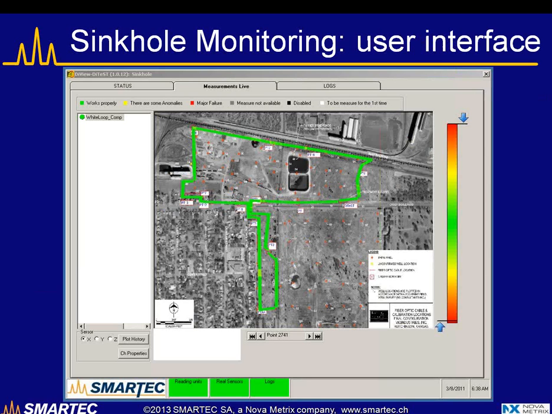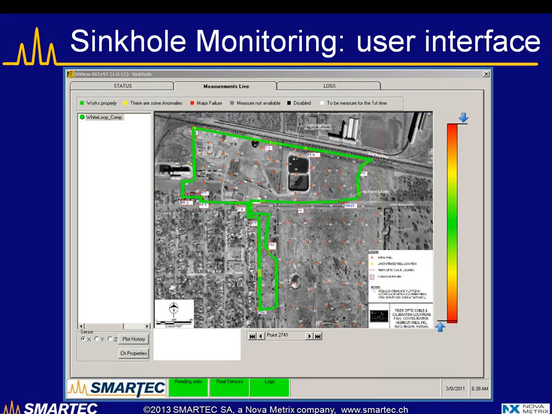In this picture you can see the graphical user interface that also shows the path of the sensor. It goes along a railway line, it goes along a street, and it covers an inhabited area with some houses. You can also see some of these circular shaped formations are previous sinkholes that have formed in the past.